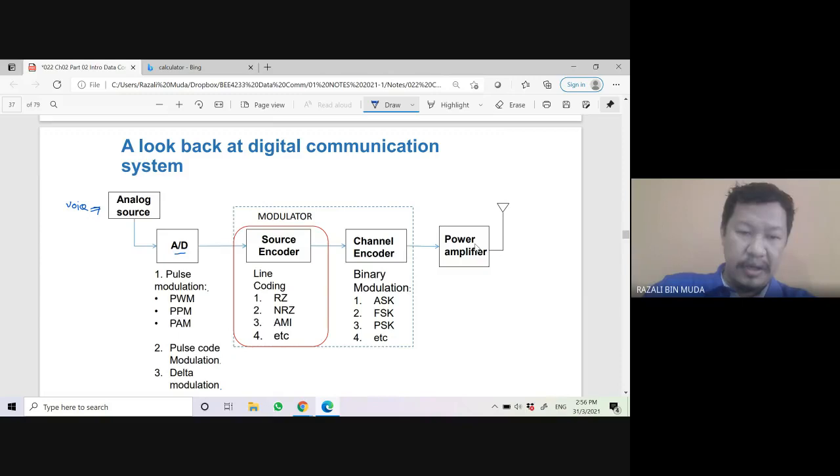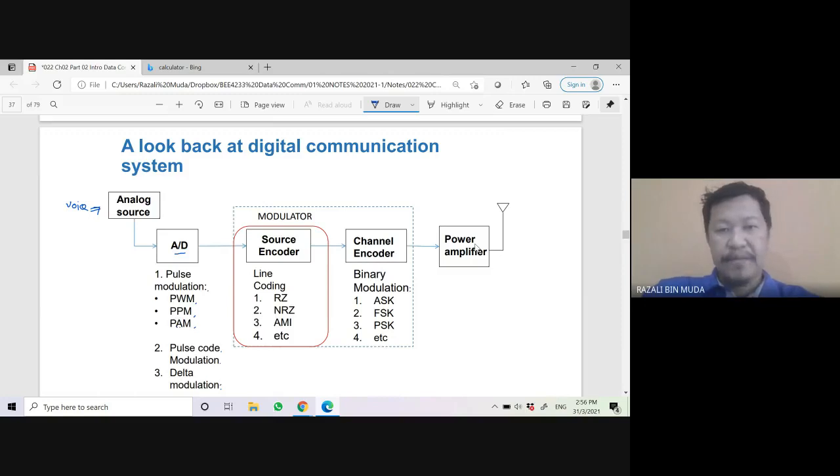We are not going deep into this topic because we assume you already learned about this in another subject, which is principal communication. So PWM, pulse width modulation, PPM, pulse position modulation, PAM, pulse amplitude modulation, pulse code modulation and delta modulation.